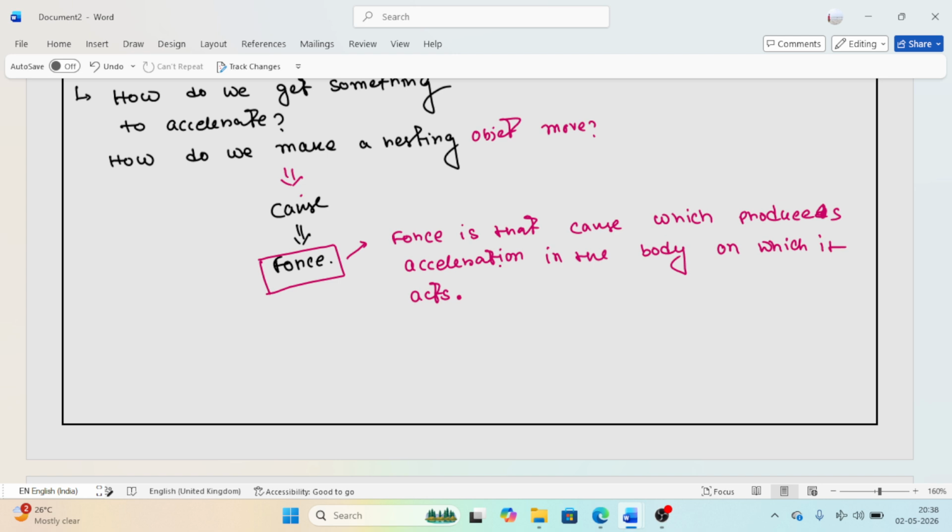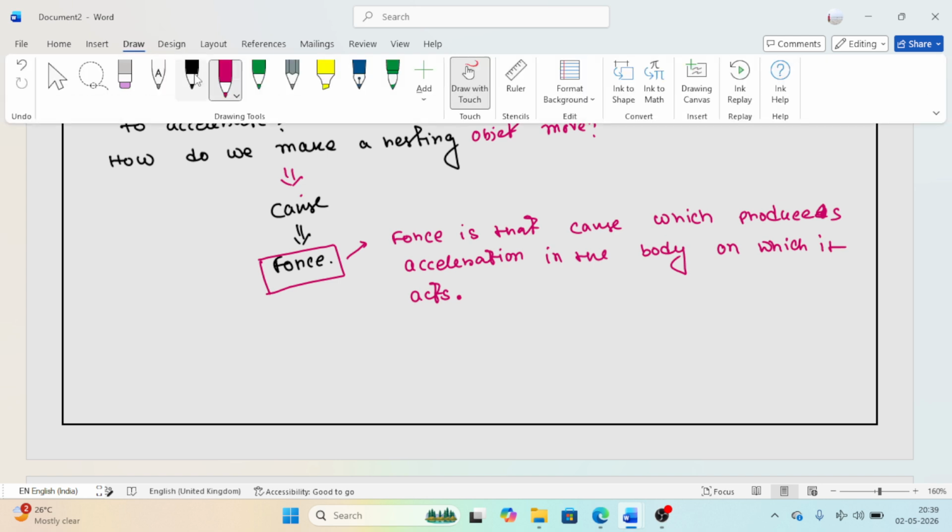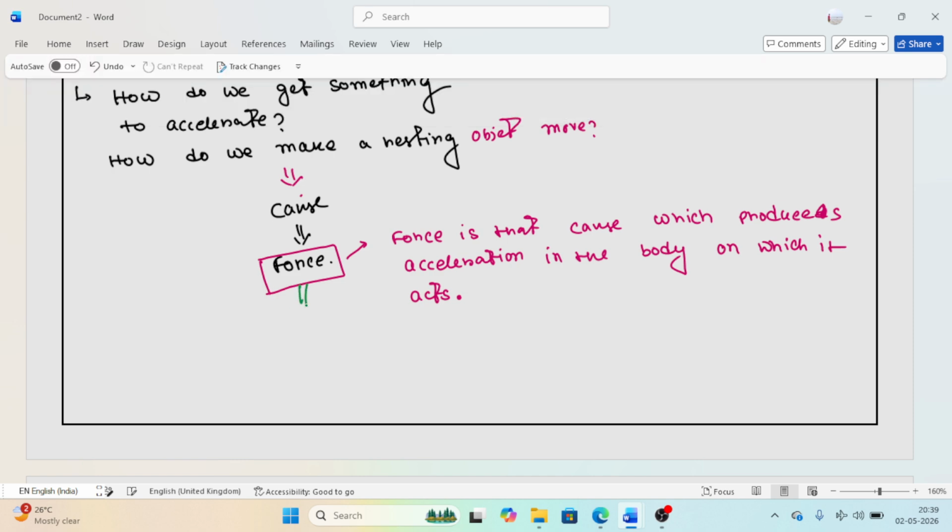And we all know force is a vector quantity. And you know vector quantity means that it has magnitude and also direction. So this is known as force.